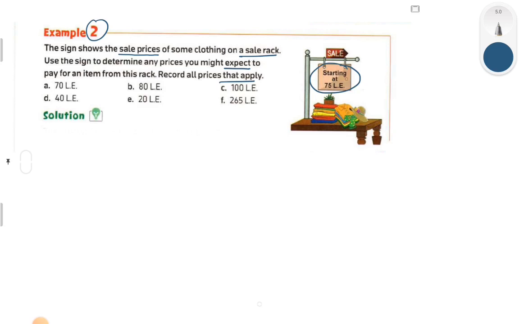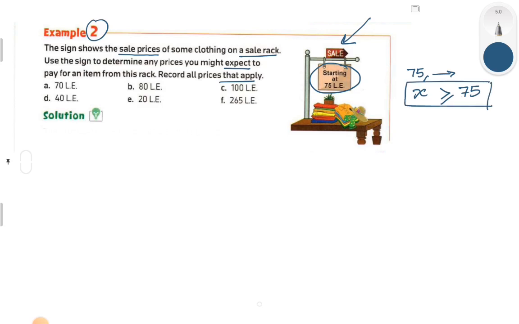This sign for sale for clothes, starting at 75 and more. So here I can write it as inequality x greater than 75, but maybe equal. So x greater than or equal 75.